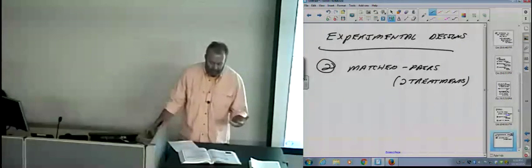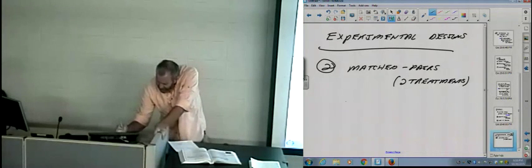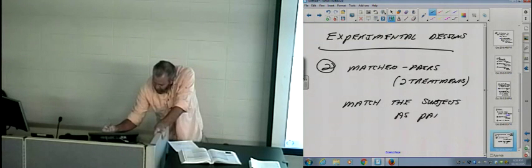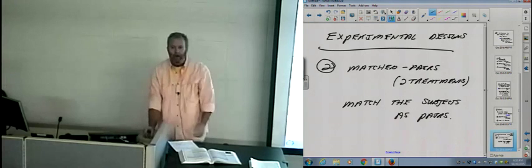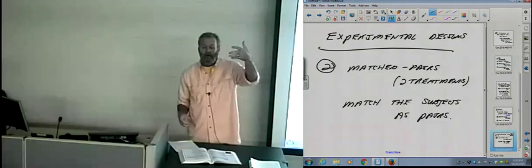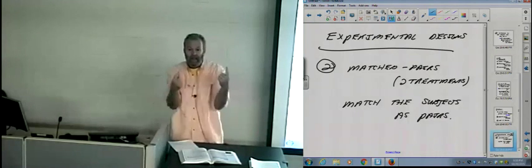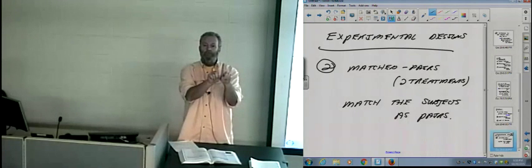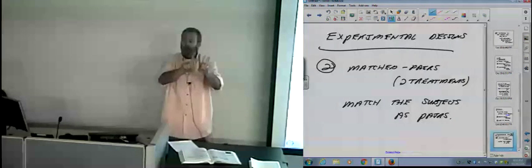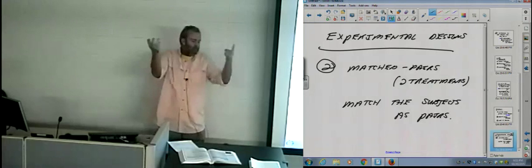What you do in matched pairs is you match the subjects as pairs. Now, I don't know what variables we're going to be interested in. Do I want to match them by their gender, by their age, by their education level?